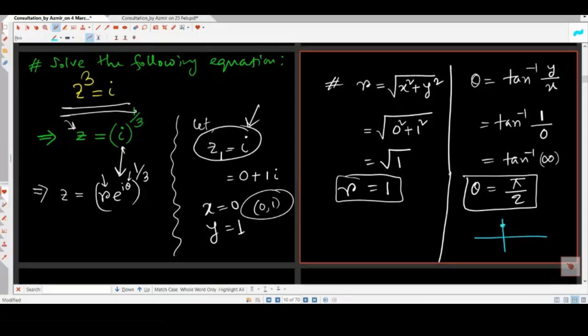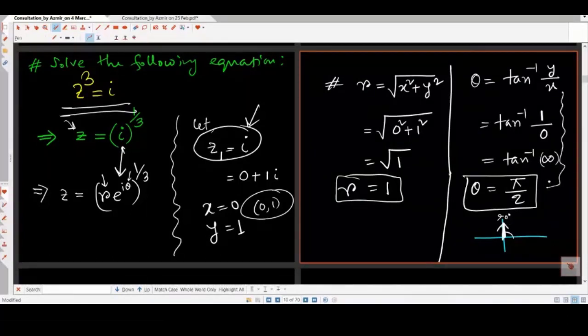Let's say this is 1, and (0, 1) is located here. We can make an assumption about the angle. It seems like it is 90 degrees. And by our calculation, we have found pi over 2, which is also 90 degrees. So that means we are done. Whatever angle we have found is the same as our assumption.